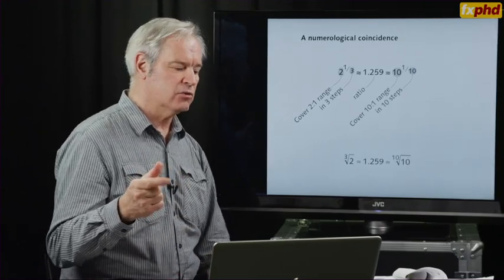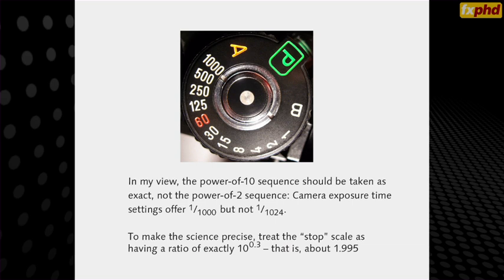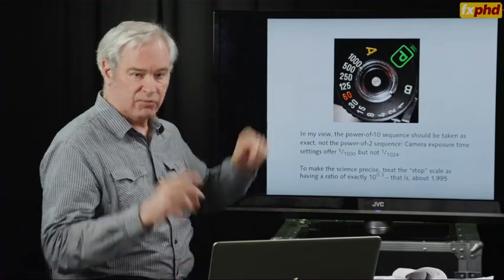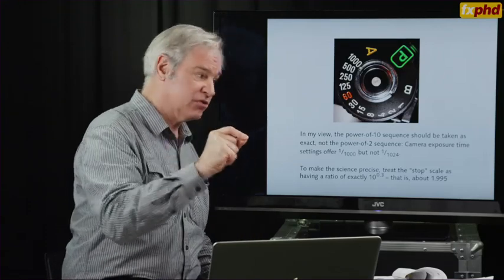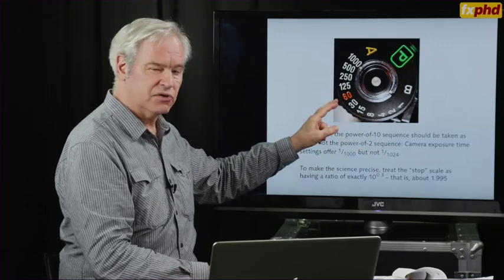And in fact, if you pick up a camera and look at its shutter speed dial, and I think I do that, you'll notice that it doesn't actually go up by exact powers of 2. If so, it would read 8, 16, 32, 64.